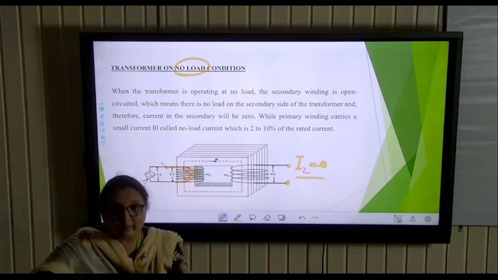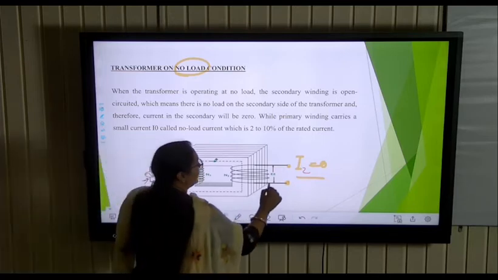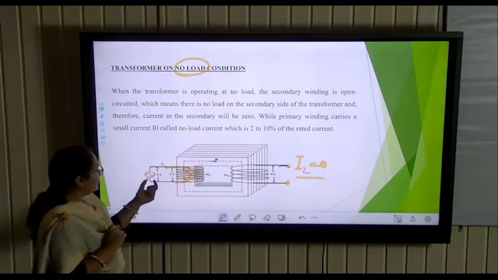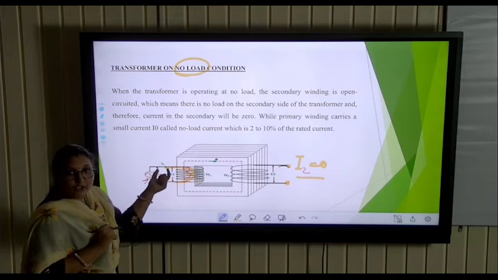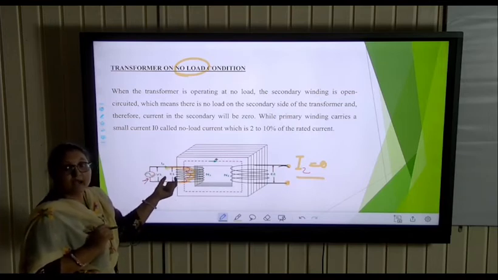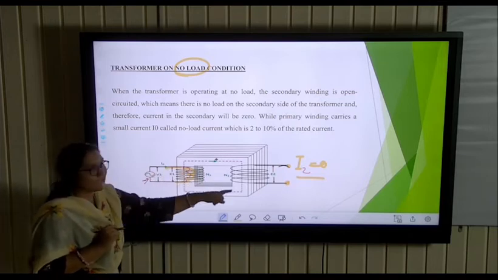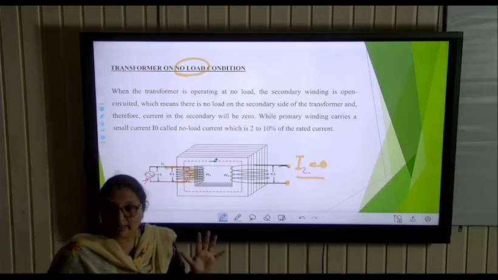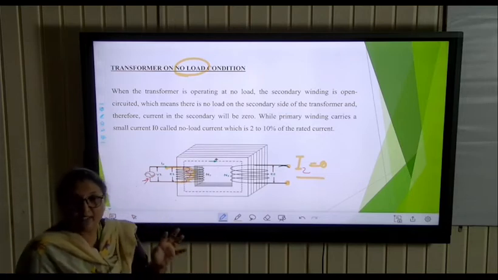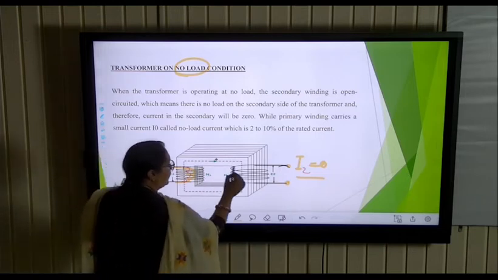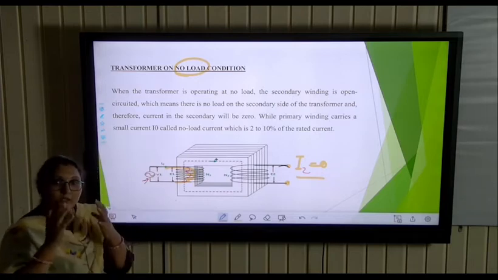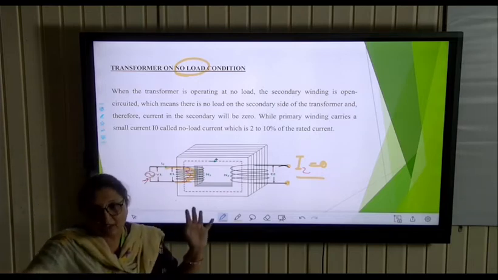Why no load current? Because there is no load on the secondary, and secondly, this current is required to generate the required magnetism so that flux is created in the magnetic core. See, this core is not magnetized. To link this coil with the flux, there should be a good amount of magnetism in the core.